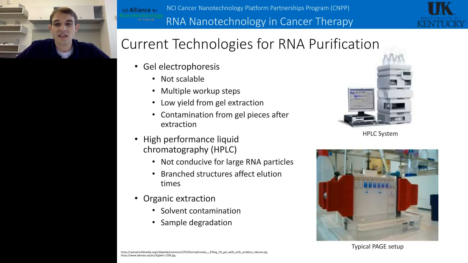Now HPLC is a very good method, especially for modified oligos from a chemical synthesizer, like with a fluorophore. It works very well to purify large amounts of that. But for RNA after transcription, the resolution is very limited. And if you want to purify actual nanoparticles, HPLC or FPLC is not that great for these large particles.